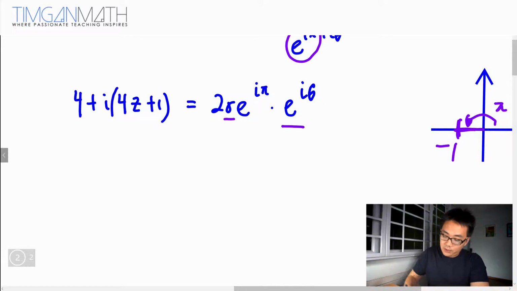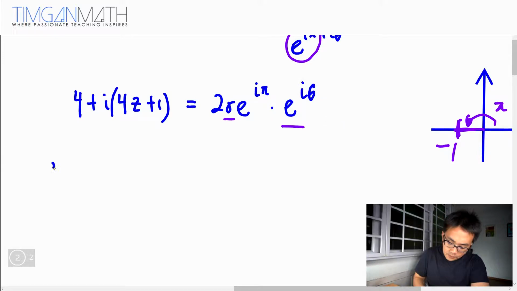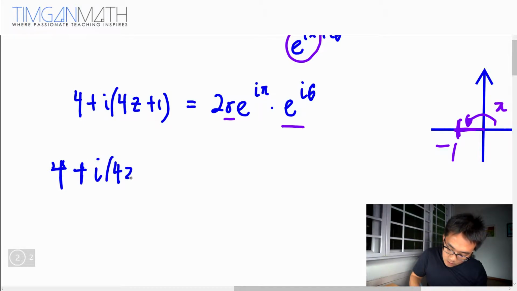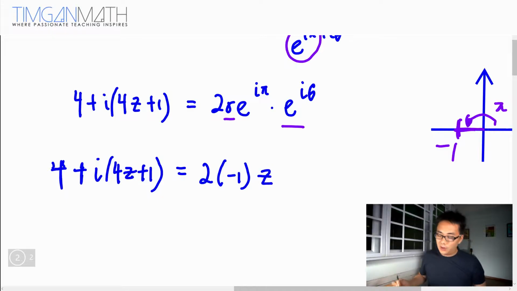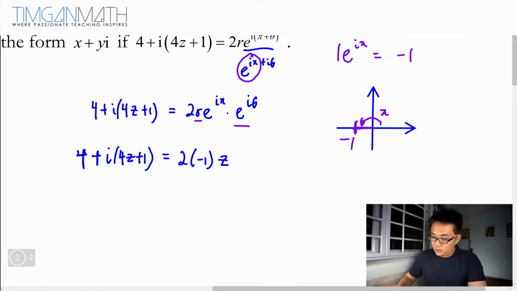So I'm going to substitute e^(iπ) here, plus i, equals 2 times e^(iπ), which is -1, and z. So that's my -2. So at a glance, this is alright.